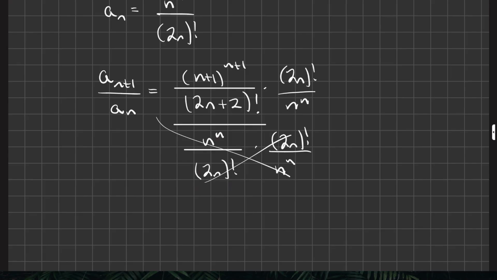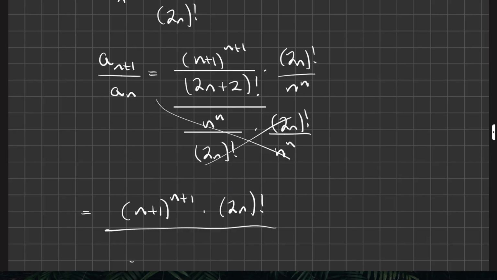All right, what do we get? We'd have n plus 1 to the n plus 1 over (2n plus 2) factorial times n to the n.